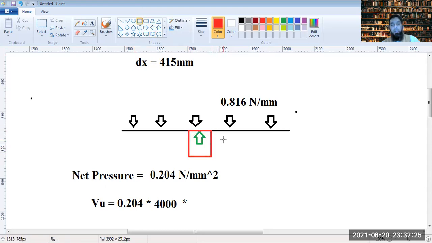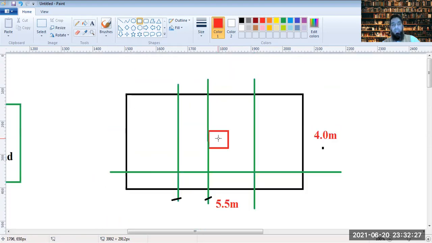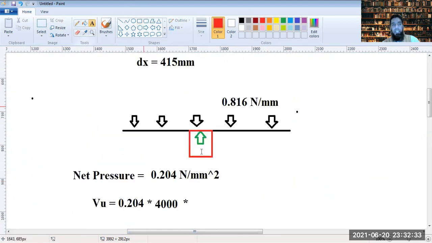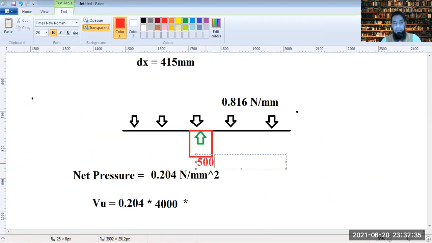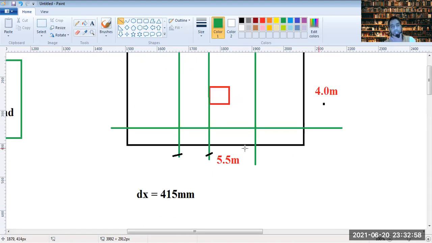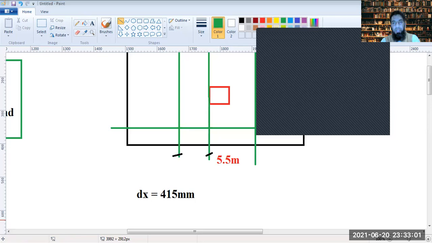What is the size of the column? 500 cross 500. So this is 500 mm cross 500 in the other direction as well. So how much is this distance now, right from here up till this point? What's the total distance? 5.5, that's 5,500.